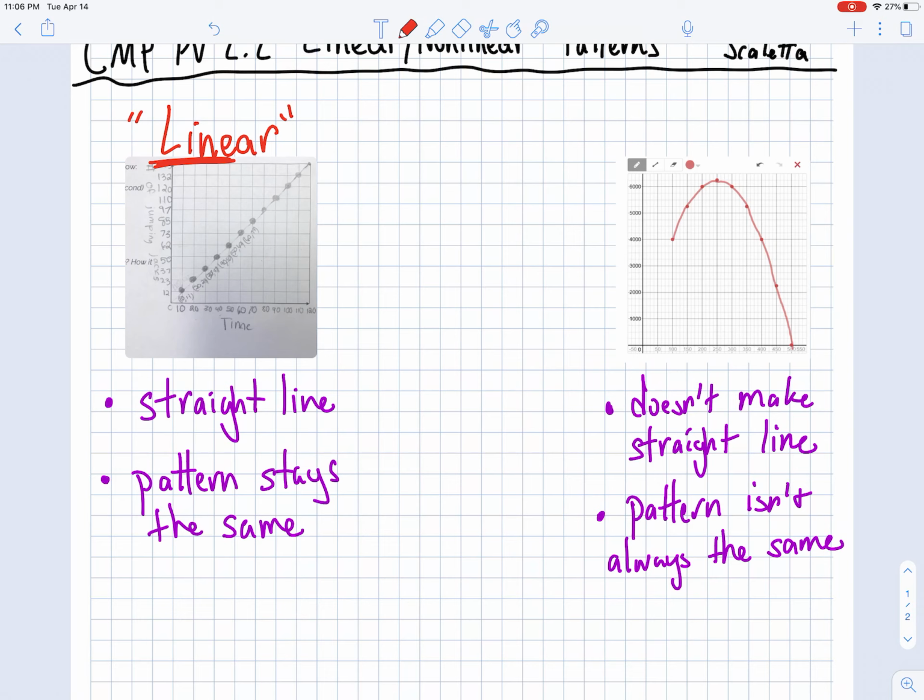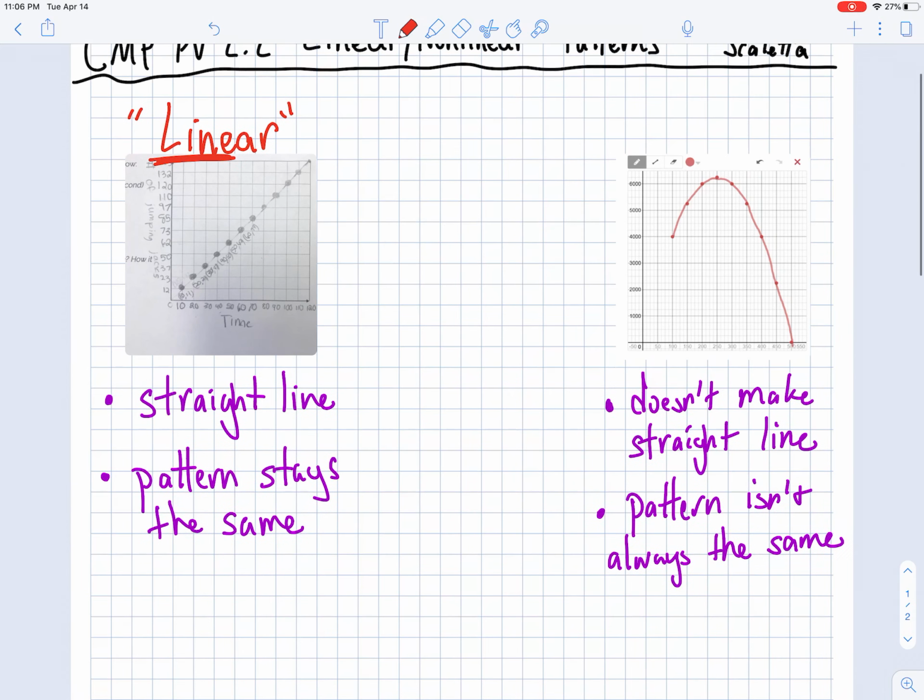The reason why I call it linear is because often these points should make a straight line, right? So we say linear because it makes a straight line. You can connect linear to line. That would mean that this pattern over here that doesn't make a straight line is what we call non-linear. So if a pattern is non-linear, it doesn't make a straight line, and the pattern doesn't always stay the same.